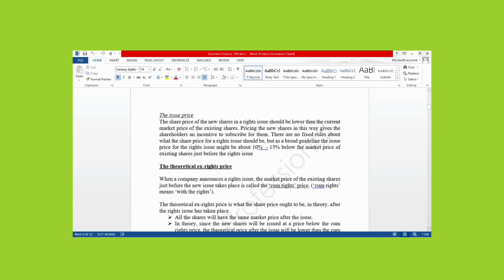We said when a company announces a rights issue, the market price of the existing shares just before the new shares take place is called rights price.